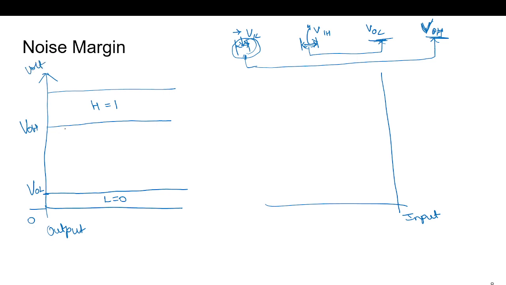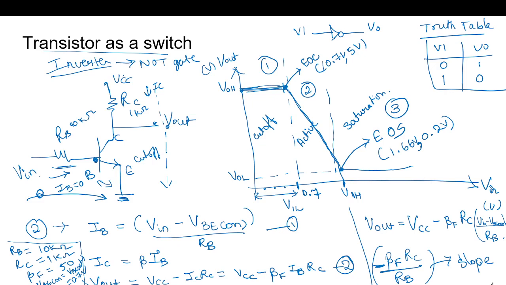So this region we call the logic swing. You can see the swing is going from 0.2 volt to 5 volt.